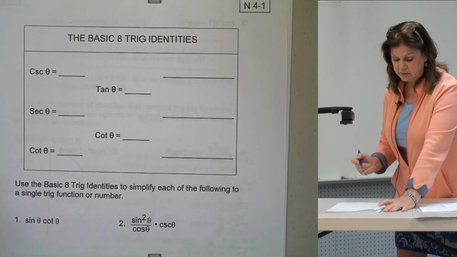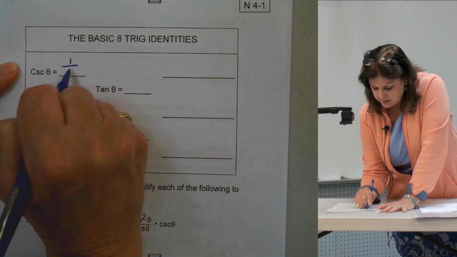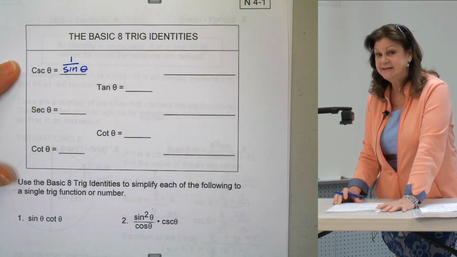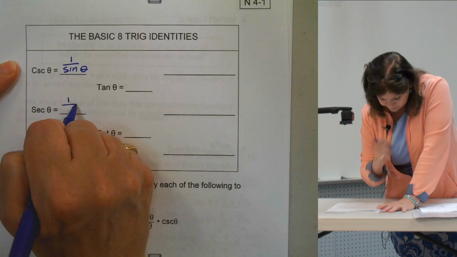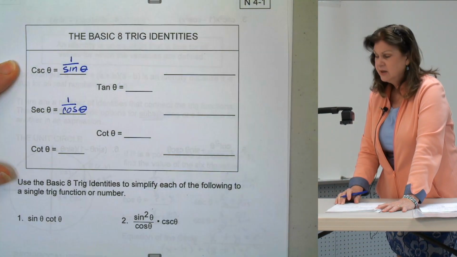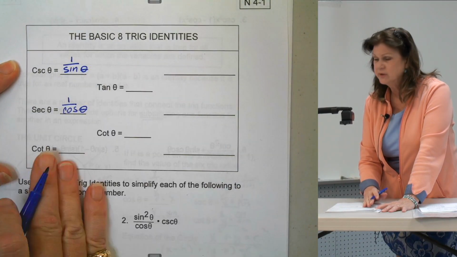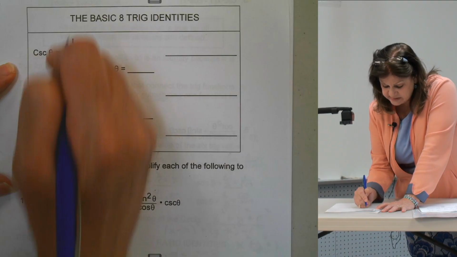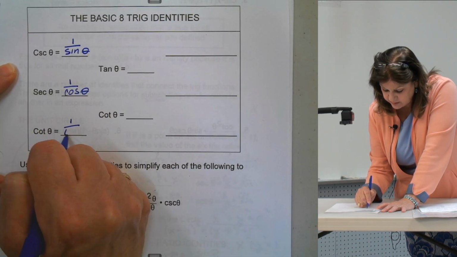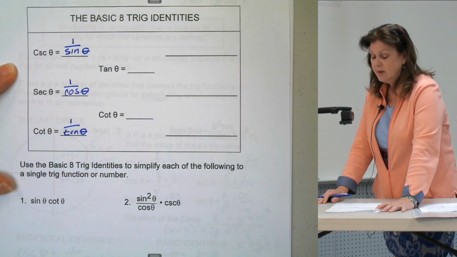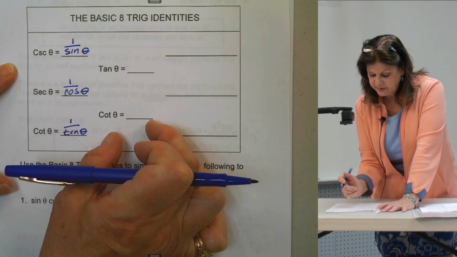All right, cosecant, 1 over sine. Secant, 1 over cosine. Now, you'll notice we have cotangent written twice here. Well, in the first case, with my reciprocal identities, cotangent is 1 over tangent. Well, let's step here into the middle.